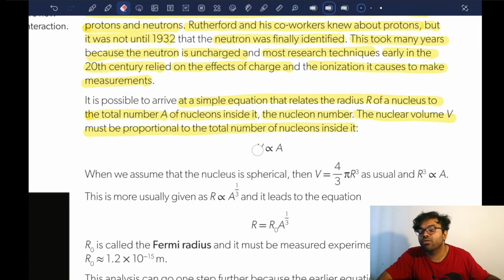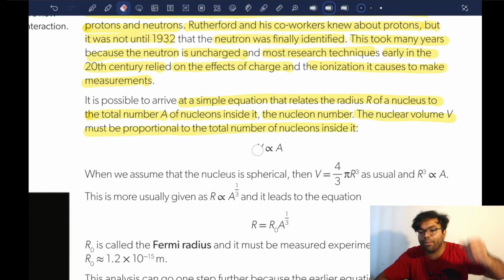Now we know that in the nucleus, there is hardly any space between the nucleons. Think of it this way: you've seen M&Ms, right? In a transparent glass container, if you have fewer M&Ms, the volume occupied by them will be less.